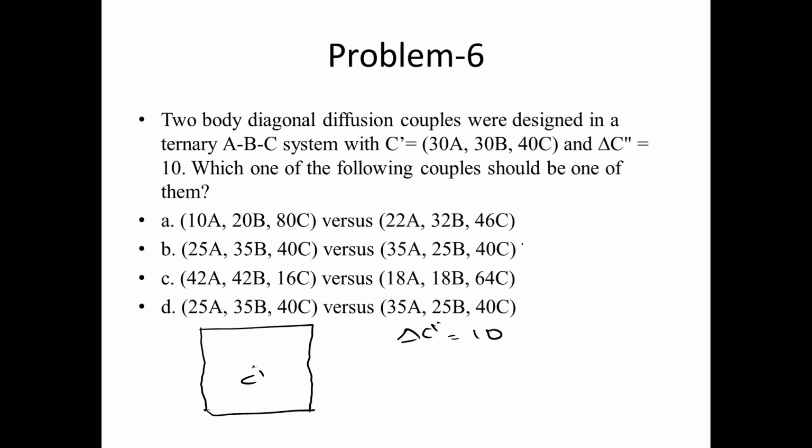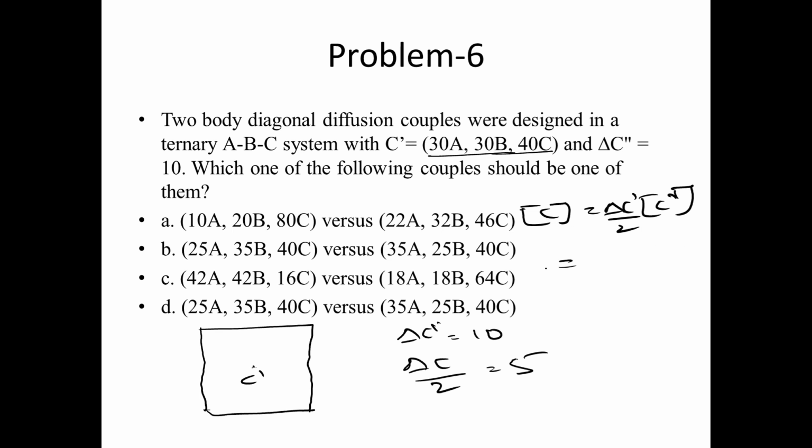So this will be delta C by 2 first, that will be 5. The first step is to add this to the composition C bar. Our new C will be C dash plus delta C by 2, so first we need to add it to the given C bar.